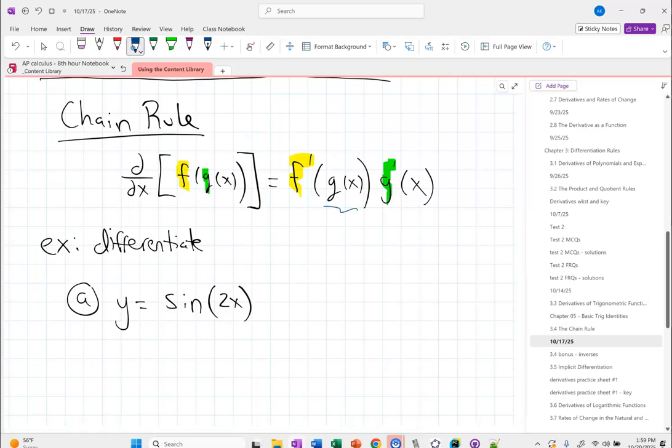So we take the derivative of the outside function with the old inner plugged in, times the derivative of the inner function. That's the chain rule. Okay?